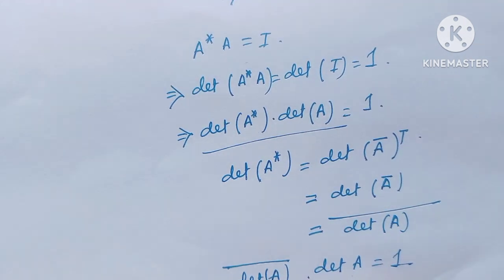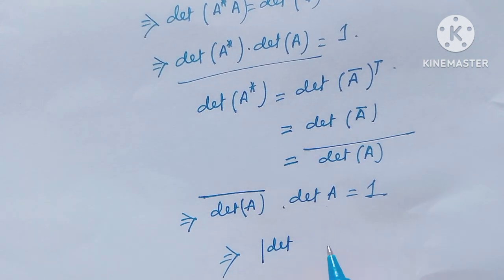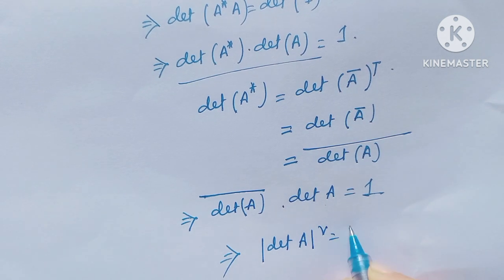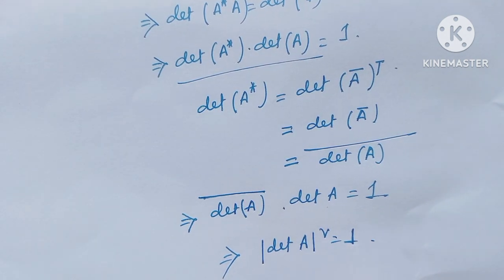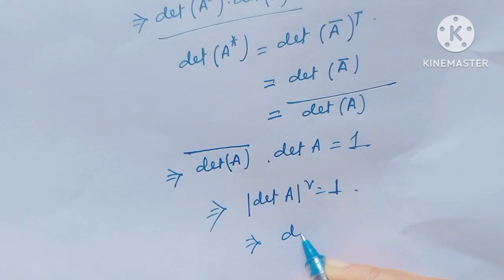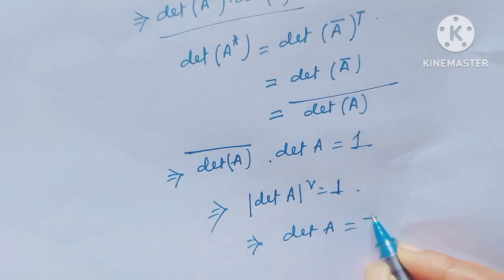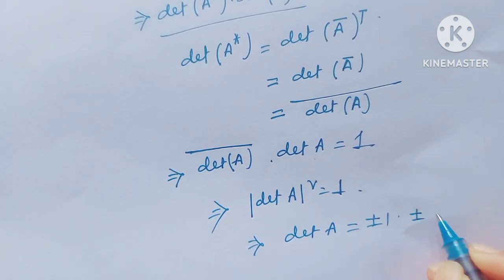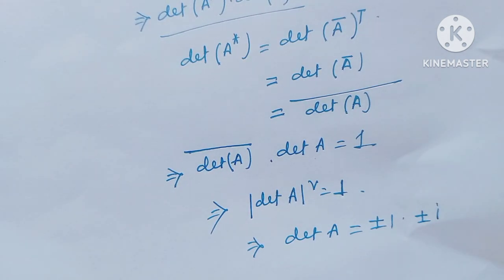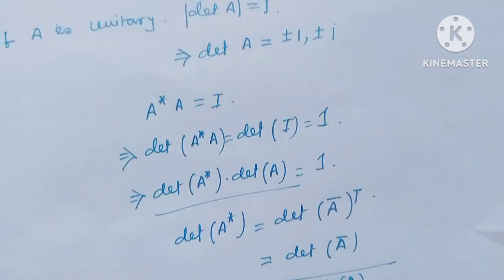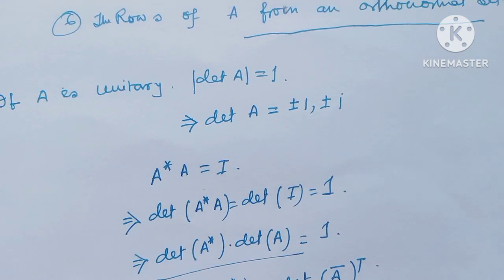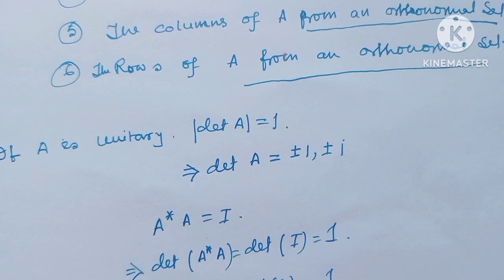That implies the absolute value of det A, squared, equals 1. That implies the determinant of the matrix A is of modulus 1. I hope all my viewers have understood this clearly. That means for a unitary matrix, the determinant has modulus 1.